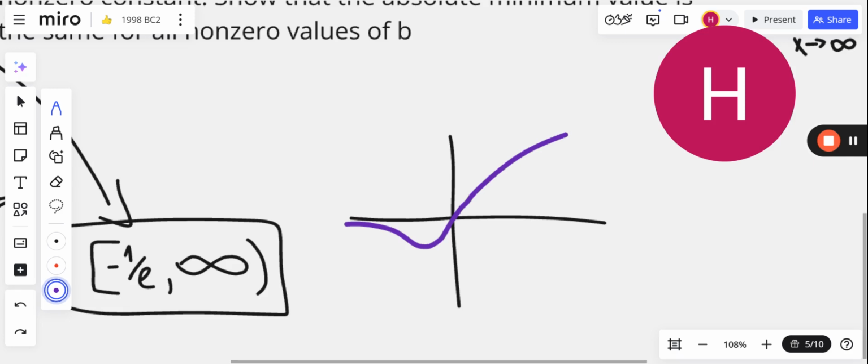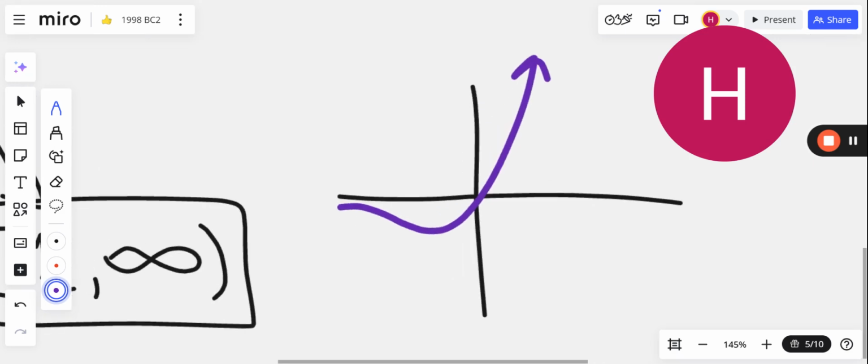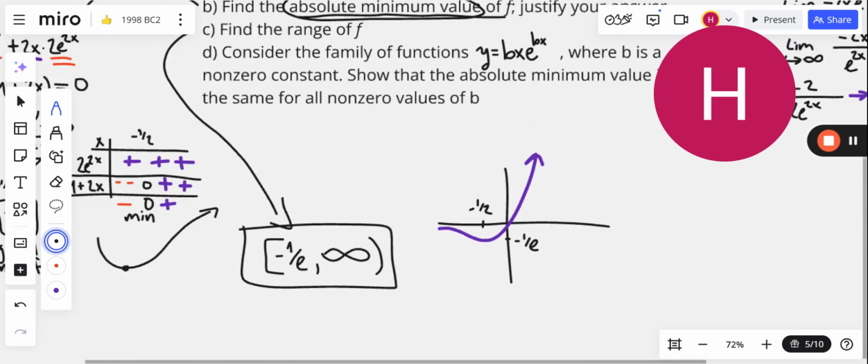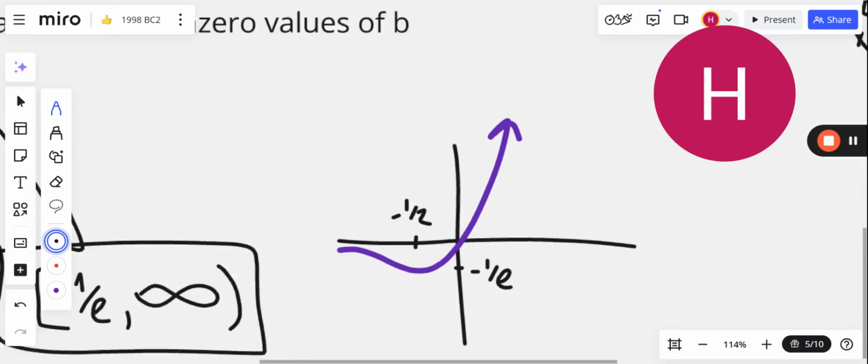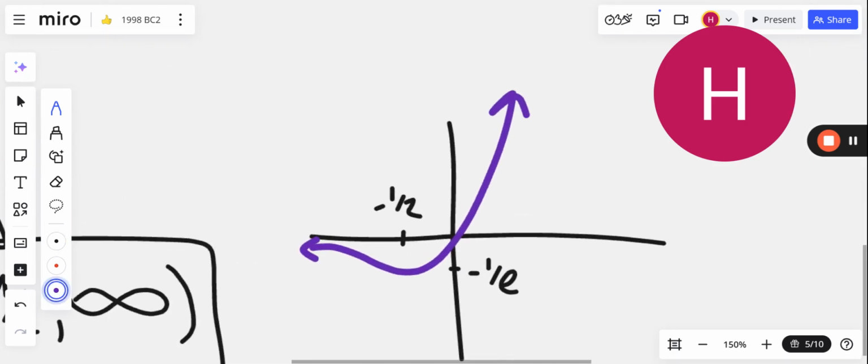It might make a concave up shape. Not too sure. But I know that at negative 1/2 we reach our minimum value of negative 1 over e. If you use a calculator for it, that's fine, but it can certainly be done without one, so let's assume it's a non-calculator problem. And then it's going to respect this boundary and never quite cross the 0 there.